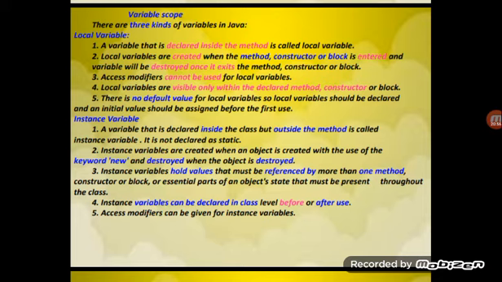Access modifiers cannot be used for local variables. Local variables are visible only within the declared method, constructor or block.